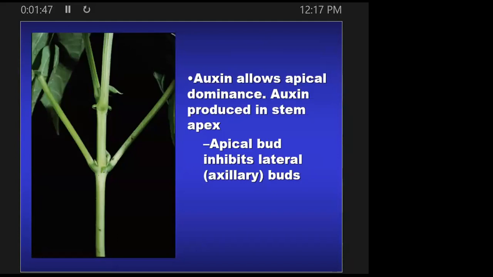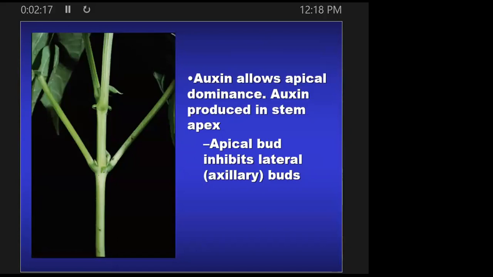As it flows down from the apex and reaches the axillary buds, where you can get new leaves and branches forming, it's telling them, you can see these axillary buds, they're there, but they're quiet, they're dormant. So with apical dominance, auxins flowing down the stem tell the axillary bud regions, be quiet, don't do anything, just hang out.